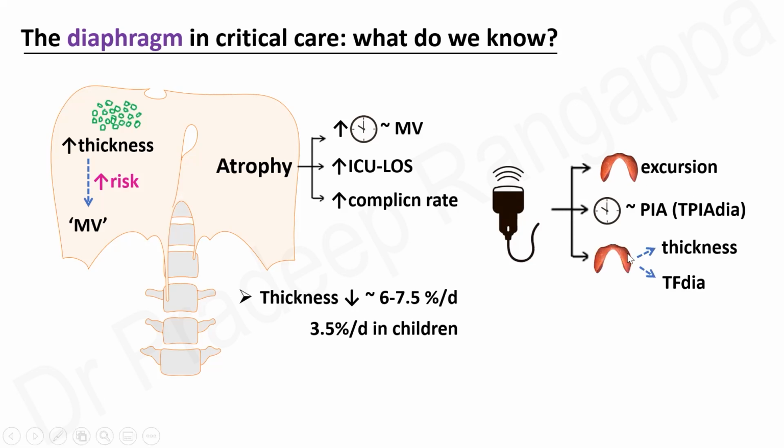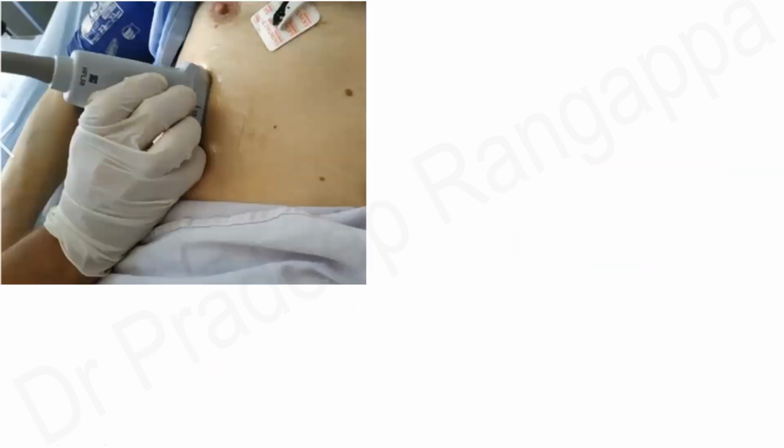And ultrasound helps in ascertaining the thickness of the diaphragm and the thickness fraction of the diaphragm. These are the things we could do to ascertain the function of the diaphragm in ICU: one is excursion, one is the time to peak inspiratory amplitude, and the third is diaphragmatic thickness and thickness fraction.